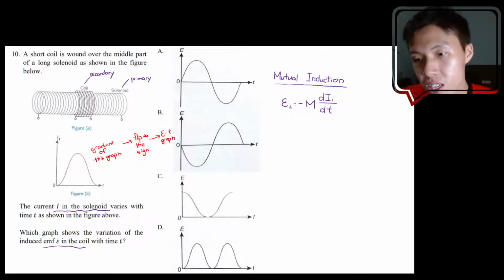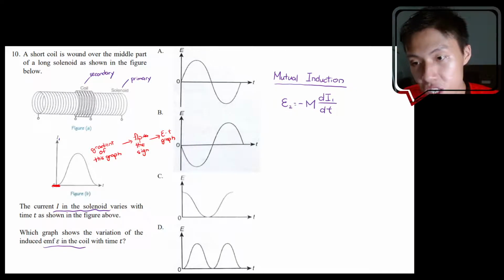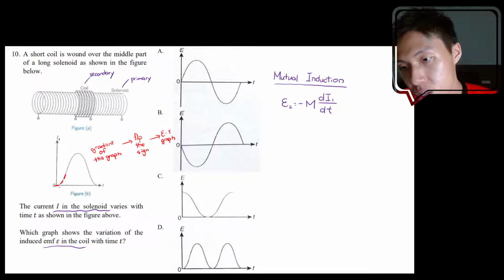Okay, so over here you can see that initially the gradient is 0. I should clear this out. When I say initially the gradient is 0, it is because it starts flat, and only then slowly increases the gradient. So the gradient is equal to 0 initially.